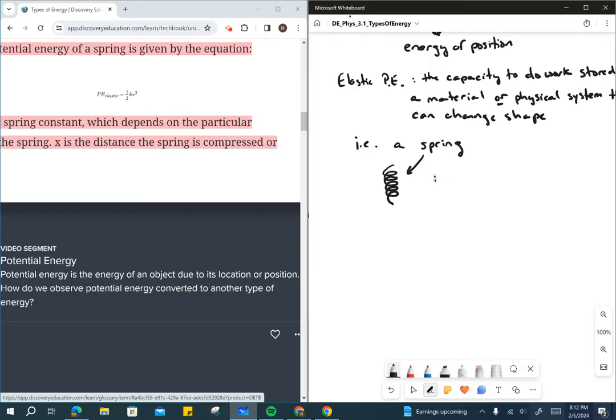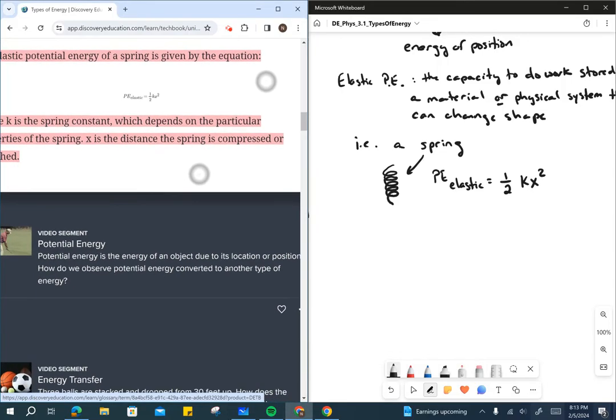We would say that the potential energy elastic, because there's different forms of potential energy, is equal to 1/2 times K times X squared.